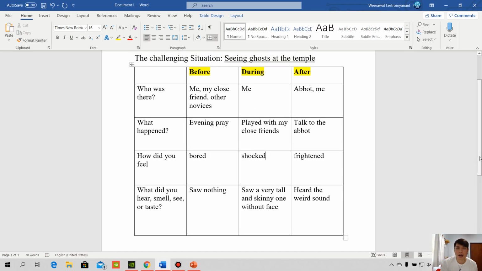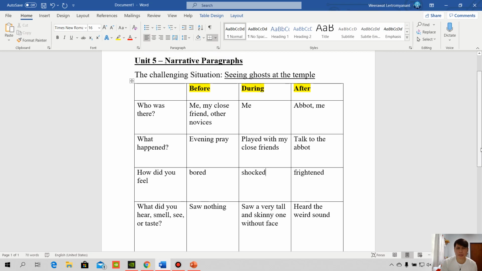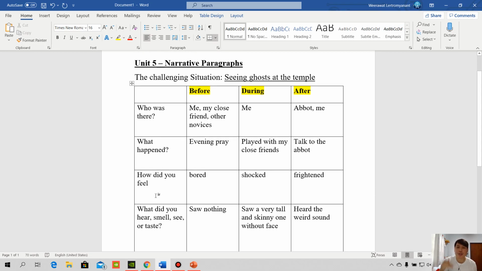You have to be able to think about this kind of information, because this is very important for your supporting details in the narrative paragraph. If you don't have this kind of information, your paragraph will be very flat, without many dimensions, and you cannot create a clear imagination for the reader.